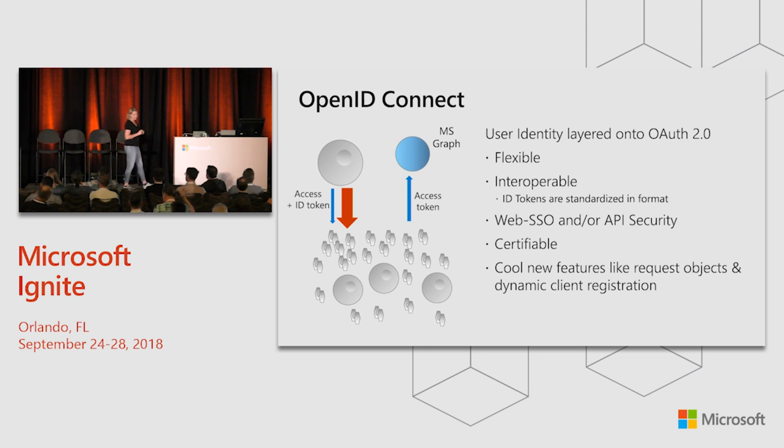Let's see, what else? This certifiable piece of it is really important. So when SAML was young, there was a lot of certification that happened, and it was extremely expensive. So you had to spend $50,000 to $100,000 to have your product certified as properly complying. Well, that doesn't work when you have the Death Star to TIE Fighter model, right?